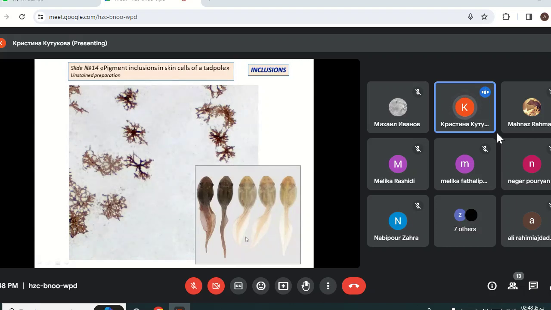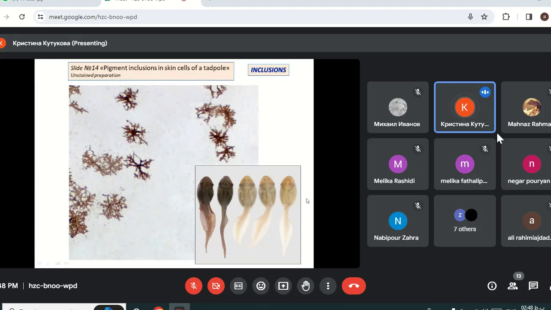And a fun fact is that the tadpoles can live in different lakes and pools, and in different environment conditions they will have different color of their skin. For example, if they live in some dark water pool, they will have darker skin to protect them from other animals that can eat them.